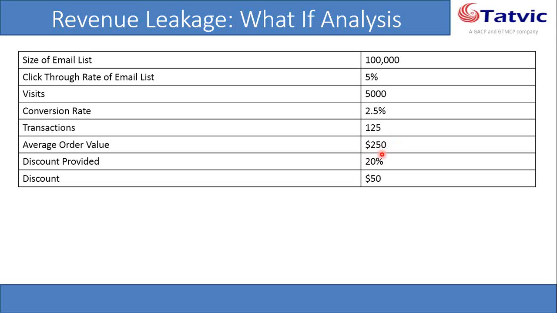Again, this is just an assumption, and with an average order value of $250, if you provided a 20% discount, then the dollar value of discount per transaction would be $50.